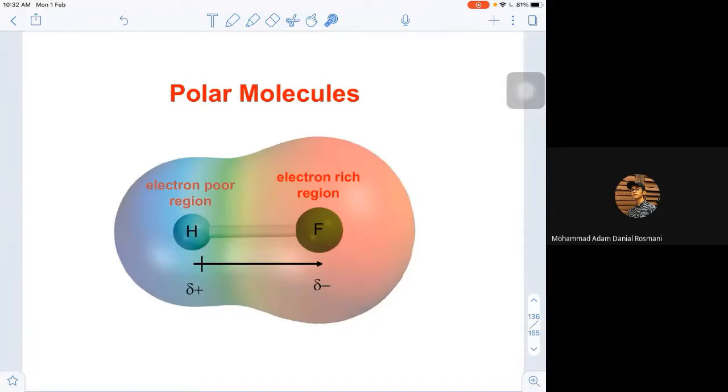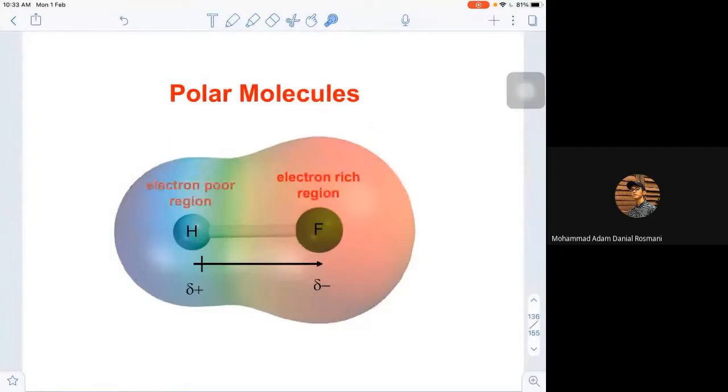So if we look at this HF, we know that an atom has an electron cloud. Obviously, since fluorine is more electronegative than hydrogen, the bond becomes polar towards fluorine. And when we look at the molecule as a whole, we also observe that there is an imbalance here.